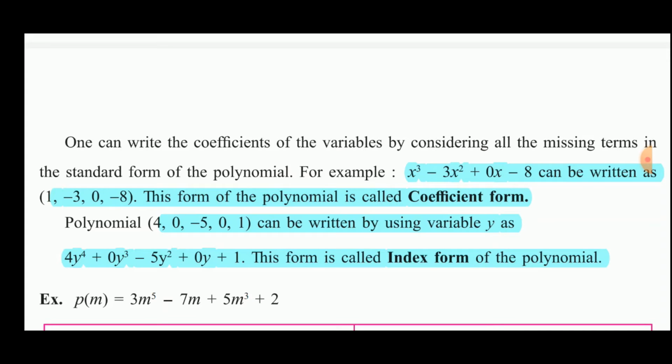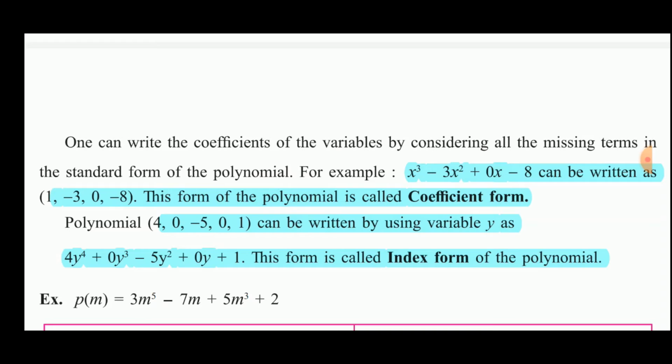Now the polynomial (4, 0, minus 5, 0, 1) can be written by using the variable y as 4y raised to power. Now here the total number of coefficients is how many? 5 are there. So subtract 1, so that becomes 4. So the degree of this polynomial is 4. When you are using the variable y, the coefficient of the first term will be 4.